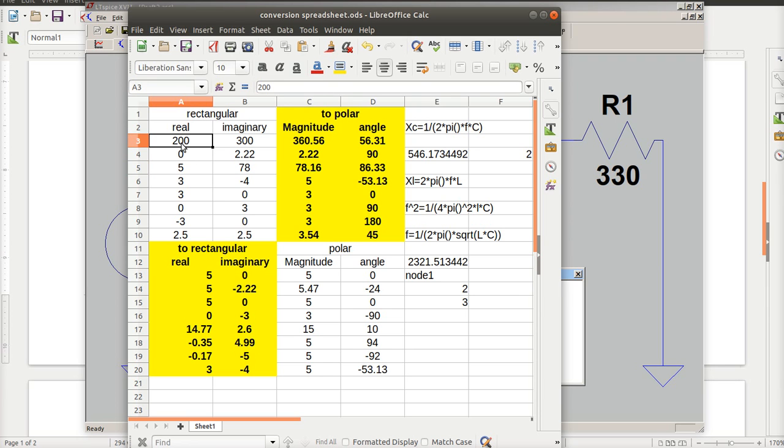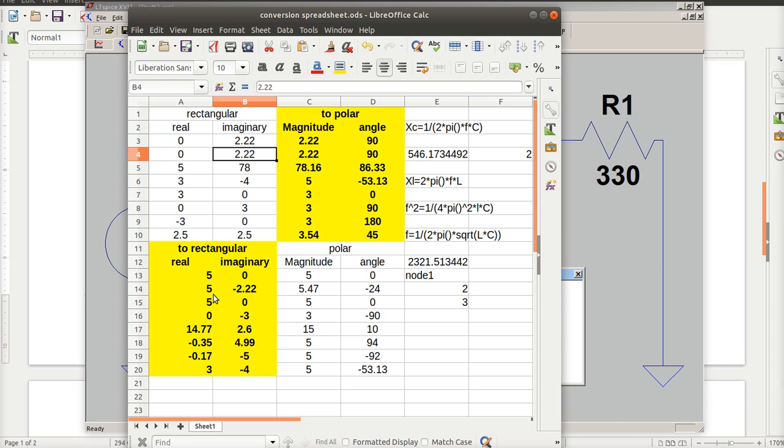And I should have done that in the top one. Okay, so if I was to measure the voltage drop just across my inductor, it would read 2.22 volts. And if I was to read the voltage drop across my capacitor, it should also read the minus 2.22 volts.